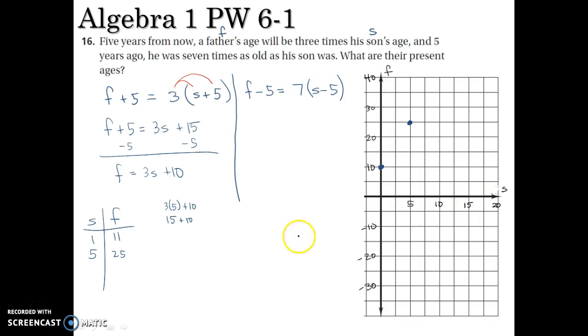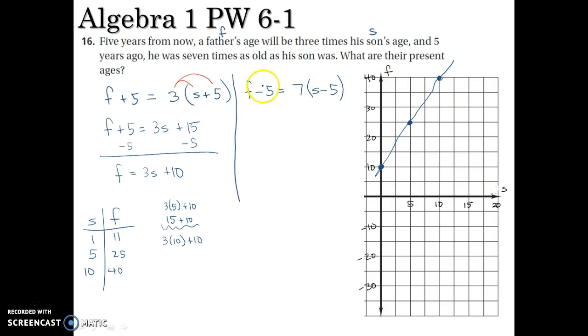So how about if I try 10? I'm going to do 3 times 10 plus 10. That's 30 plus 10 is 40. So then 10, 40. Over 10, up 40. There's a point on that line. And so I can draw a nice line going through those points right there.